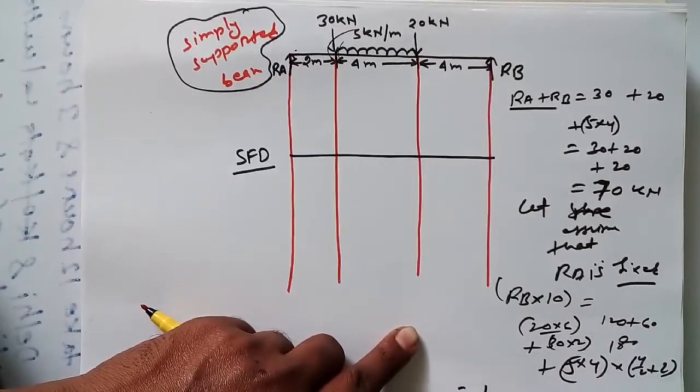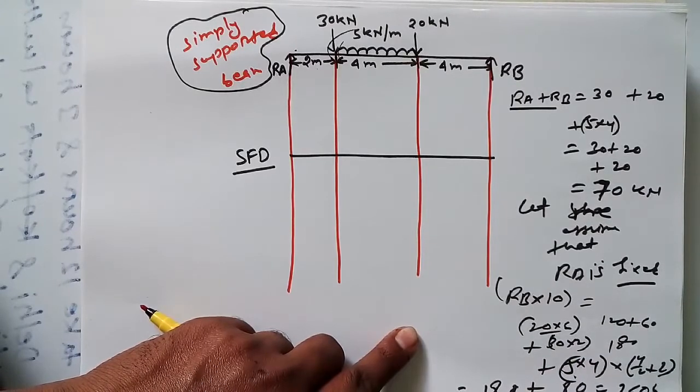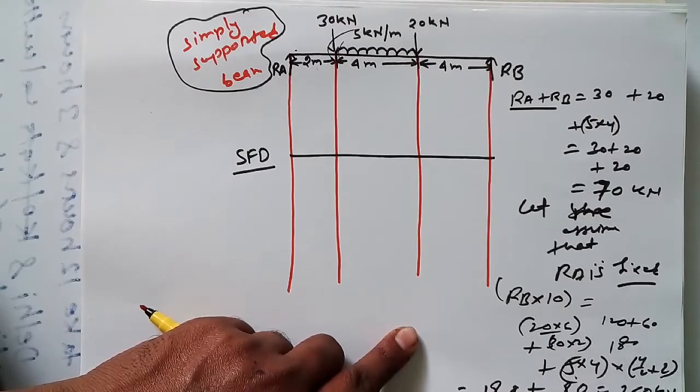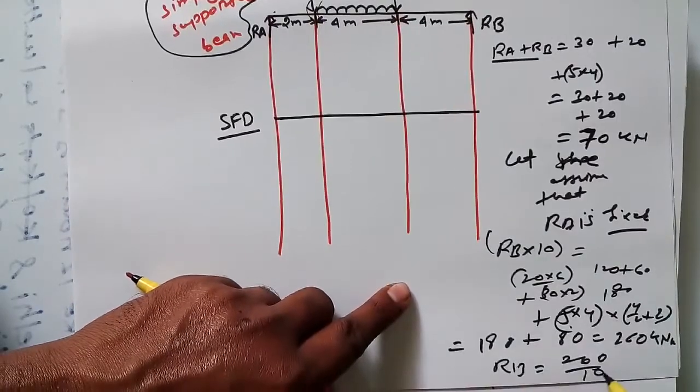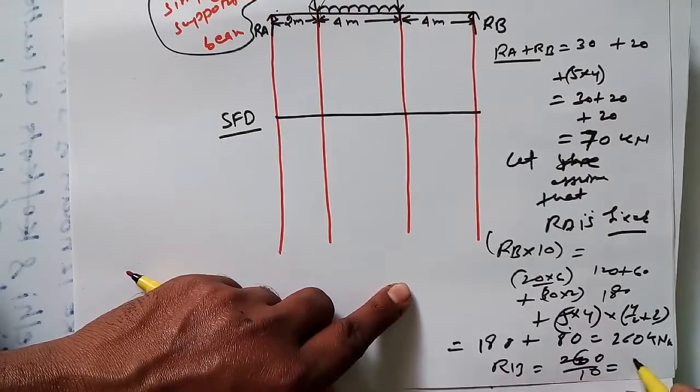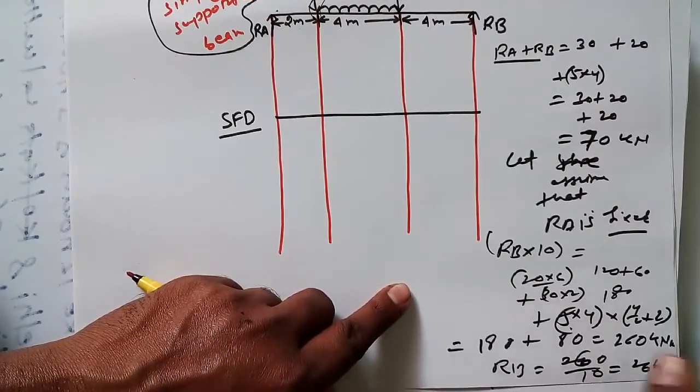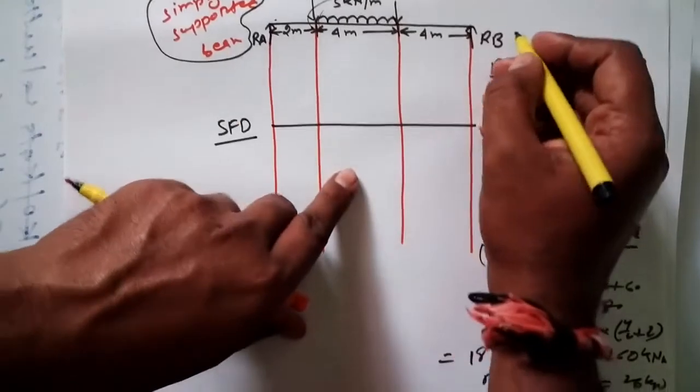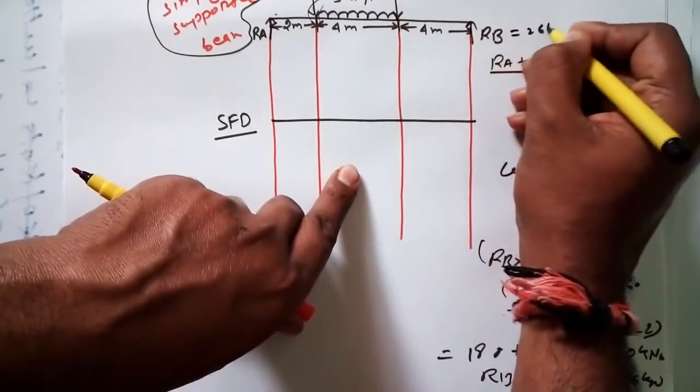So the total would be 180 plus 20 into 4, 80. So the total bending moment here would be 260 kilonewton meter. So RB is equal to 260 by 10, which is 26 kilonewton.